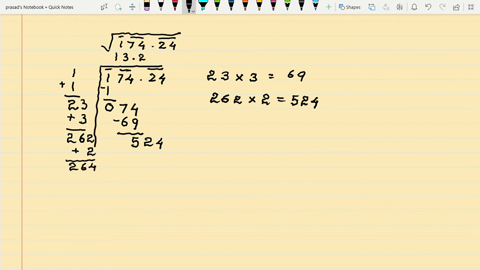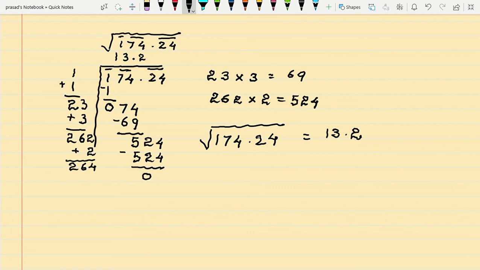And subtract 524, which gives the final remainder 0. And that will mean the square root of 174.24 is 13.2.